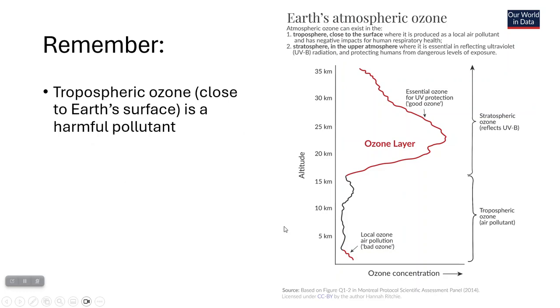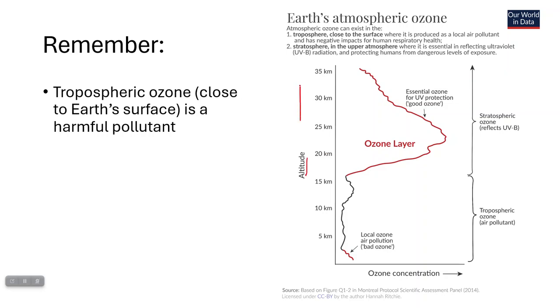So, first, a quick reminder that ozone can exist in two distinct layers of the atmosphere, and depending on where it is, it can be either harmful or it can be beneficial. So, this is a graph showing the concentration of ozone versus the altitude.